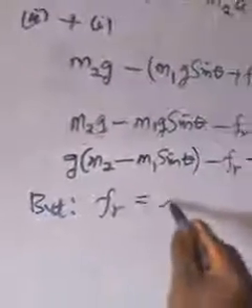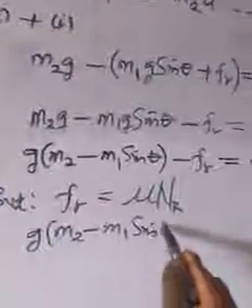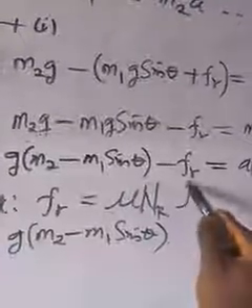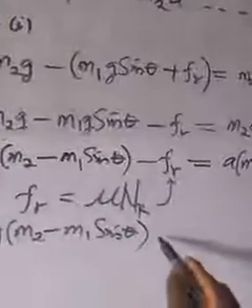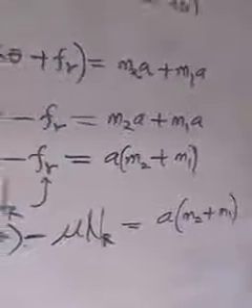Then from our frictional force, which is coefficient of static friction multiplied by normal reaction, we can now have it g into m2 minus m1 sine theta. If you now substitute the frictional force, we are going to have minus coefficient of static friction times normal reaction equals acceleration multiplied by m1 plus m2.